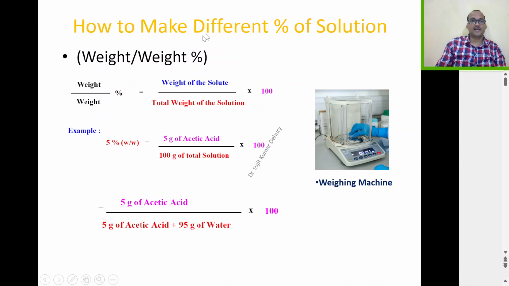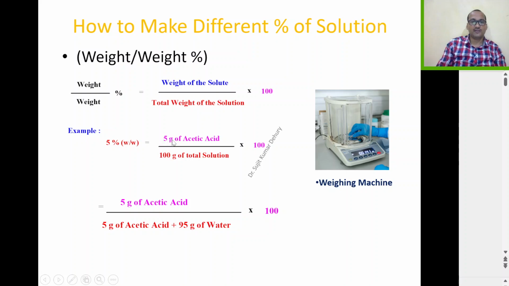So now the question arises how to make different percentage of a solution. There are different methods. We can make the solution by weight percentage, so weight by weight percent solution. We have to use this formula: weight of the solute by total weight of the solution into 100. Suppose we are interested in making 5% weight by weight acetic acid solution. What we have to do?